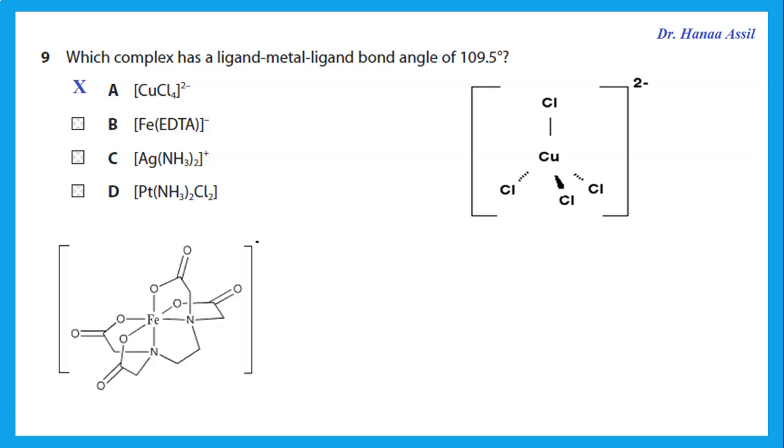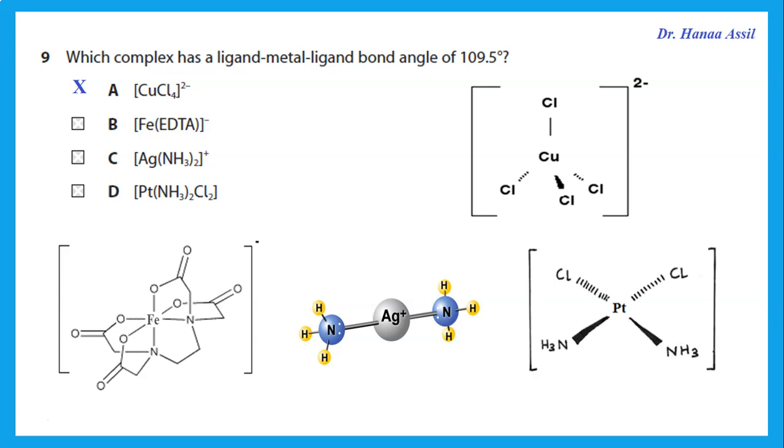The EDTA is a hexadentate, so this is basically octahedral. Silver ammonia complex is a linear structure with bond angle 180, and the platinum complex is a square planar structure.